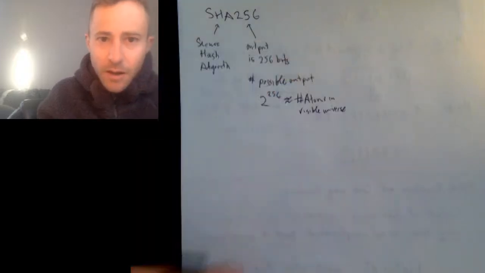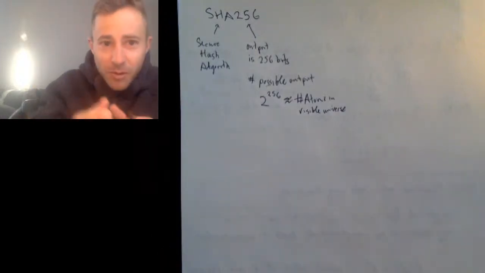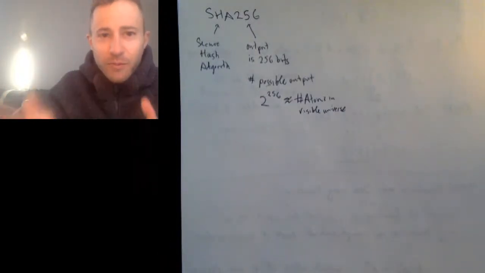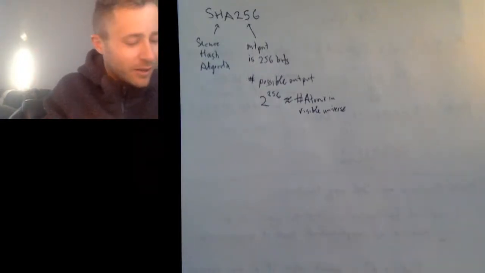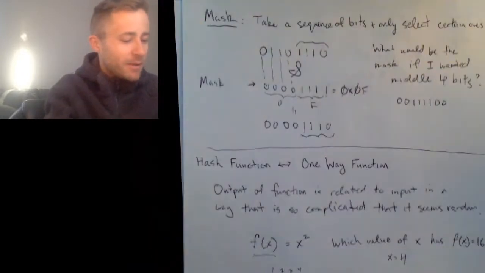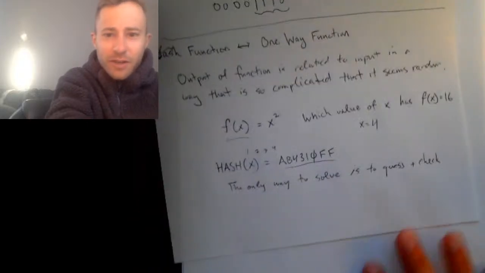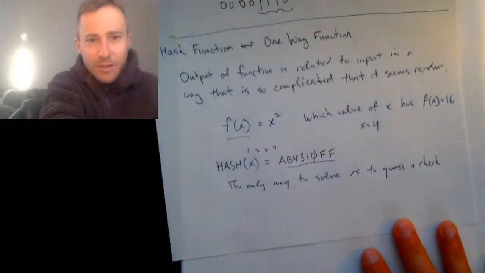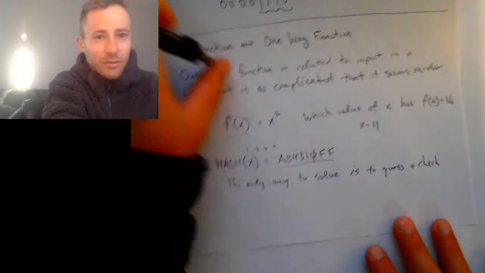So the number of possible outputs of this function is finite, but it's a huge, huge number. For you to guess and check would be like trying to guess a single atom in the entire known universe. Basically impossible to guess.